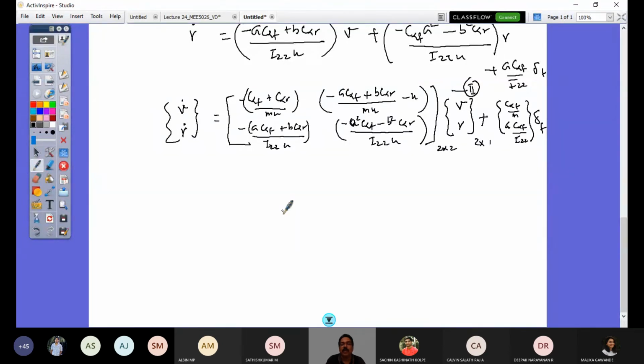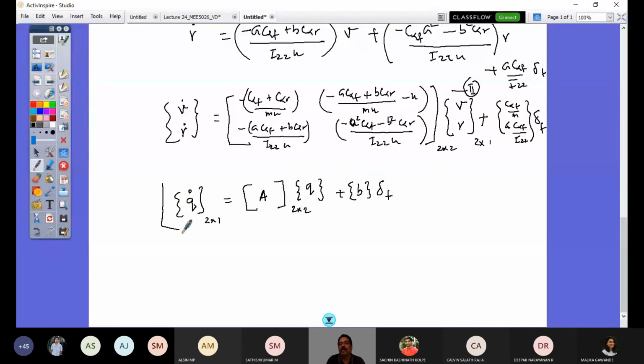That is a 2 by 1 vector whose elements are v dot and r dot, and that's equal to, I will call this 2 by 2 matrix the A matrix, and I'll call this vector the q vector, because v and r make up the q vector and their first derivatives are on the left hand side, plus I will have this input vector as the small b vector into delta f.